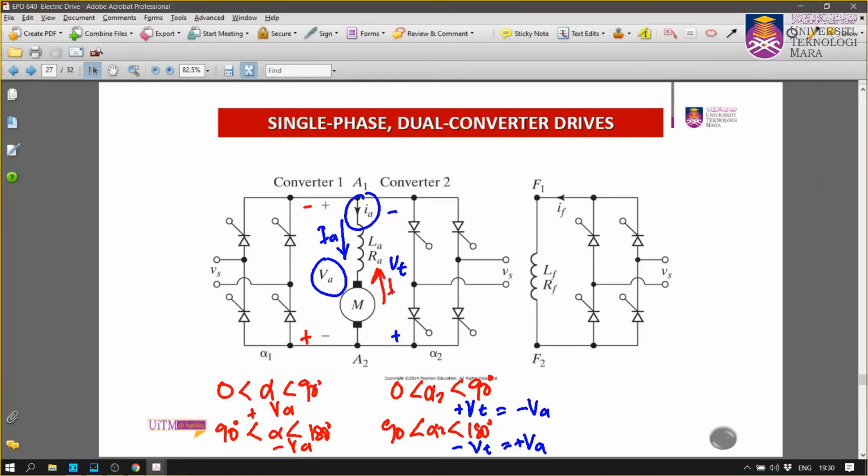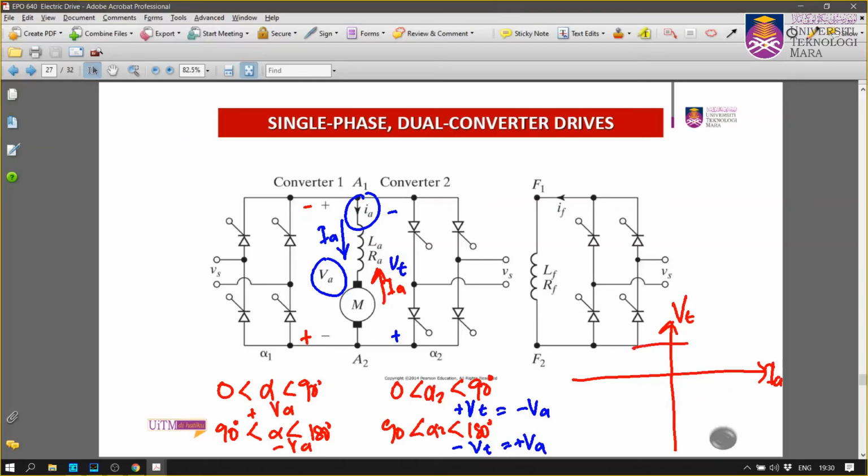So this is the negative current I. Therefore you can operate the whole cycle, the whole four quadrants, whereby IA can be positive and negative, and VT can also be positive and negative in all directions.